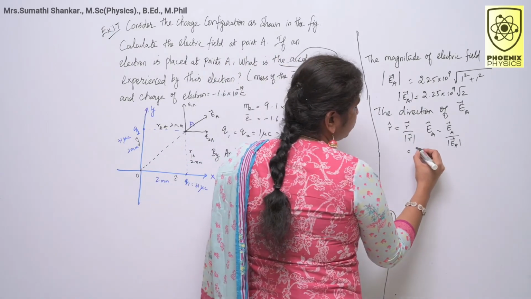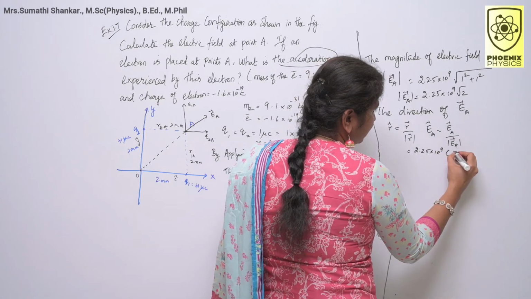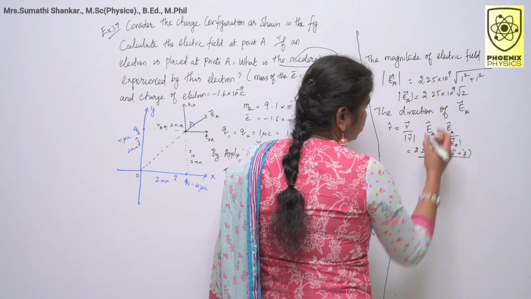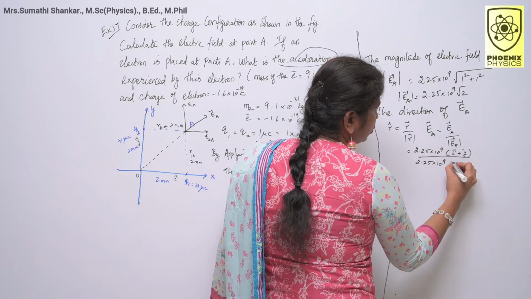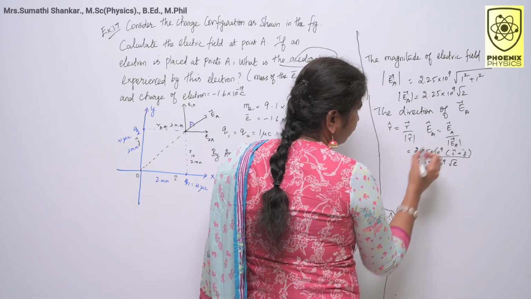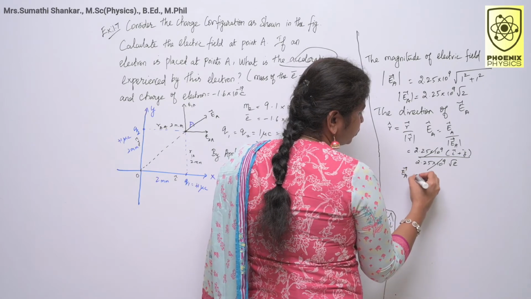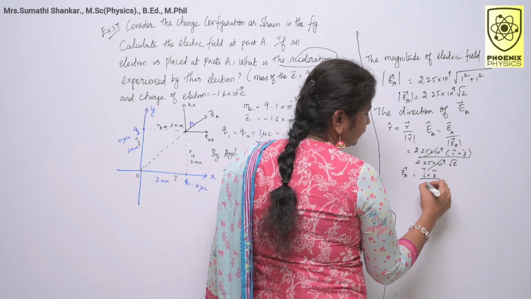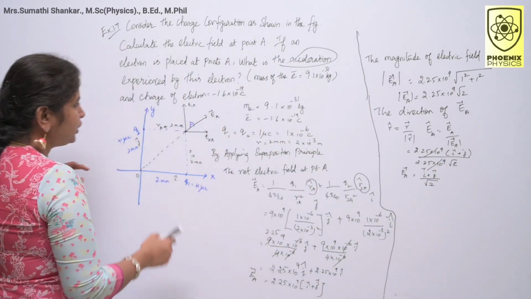That is 2.25 into 10 to the power of 9 (i vector plus j vector) divided by 2.25 into 10 to the power of 9 root 2. Cancel this. Your final answer, the direction of EA, is equal to i plus j divided by root 2.